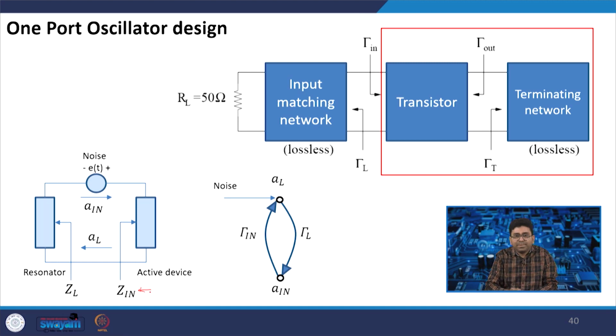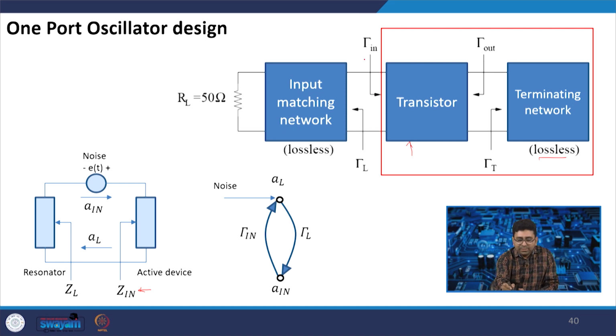In that, we will consider the input impedance Z in. Here there is a Z in input impedance, which is the input impedance when you see at the active device side. We can consider any transistor, and that transistor is terminated with some lossless component, added with a terminating network.